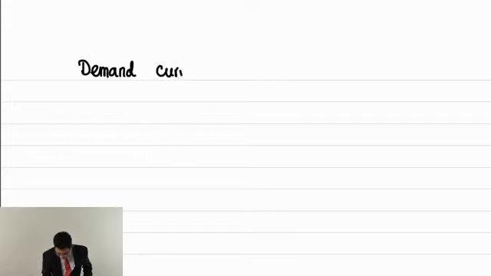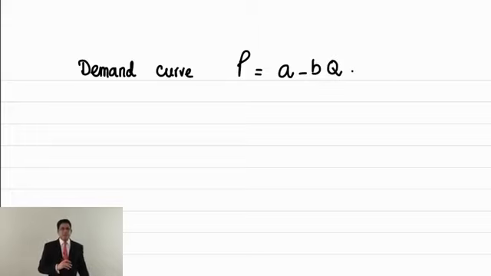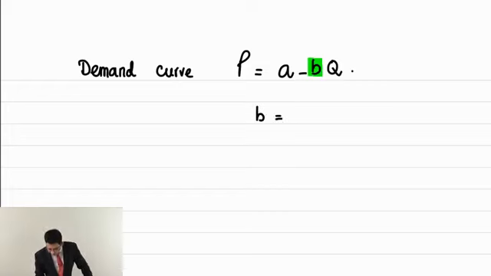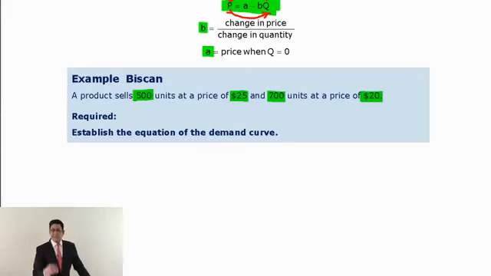The demand curve equation is P = A - BQ. Now, based upon the information provided, always calculate B first, which is the change in price divided by the change in quantity, or in other words, the difference in price divided by the difference in quantity.